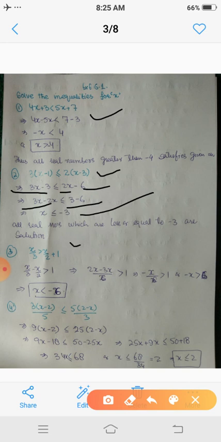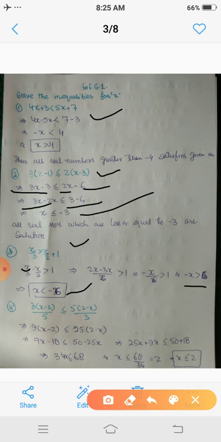Now the third one is x/3 > x/2 + 1. Shifting the terms, it is x/3 - x/2 > 1. By cross multiplication on the LHS we get (2x - 3x)/6 > 1, or -x/6 > 1, or -x > 6, which implies that x < -6.